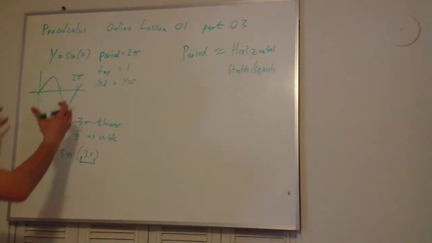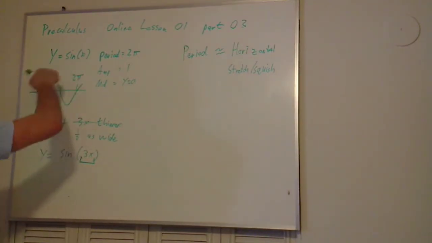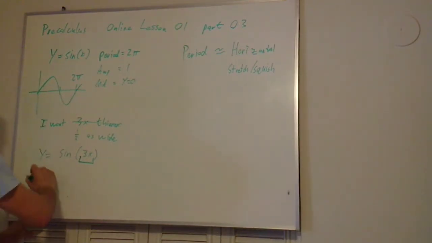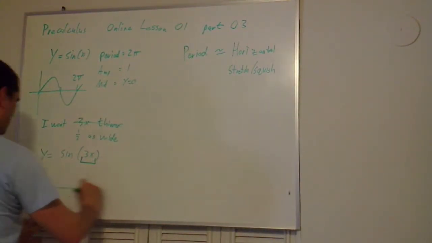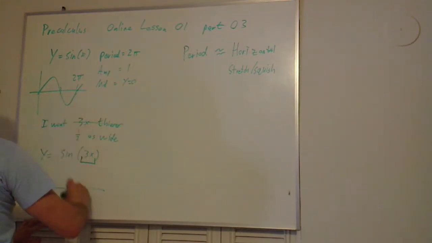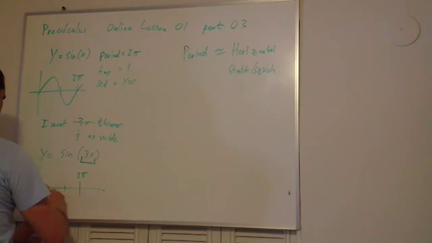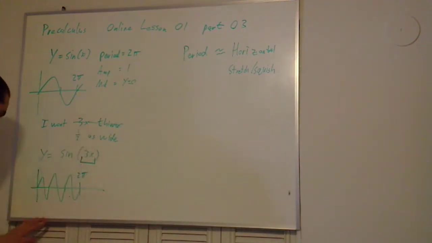So this is what's going to squeeze 3 full periods into the same space. So if this is 2 pi, then it's going to go up, down, back, up, down, back, up, down, back.